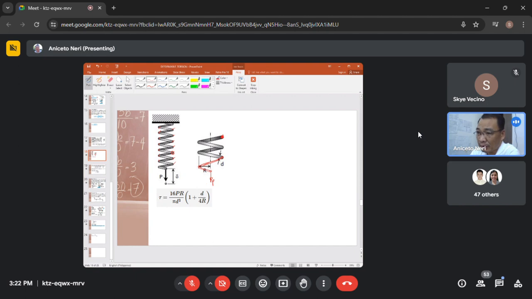Sige, let's consider equilibrium. Because of this load P, kini nga cross-section, ma-exert siya og force nga P upward para ma-satisfy niya nga kondisyon. Satisfy na kay upward, downward man. Pero dili pa sa equilibrium because if you sum up moment, dili siya zero. Why?